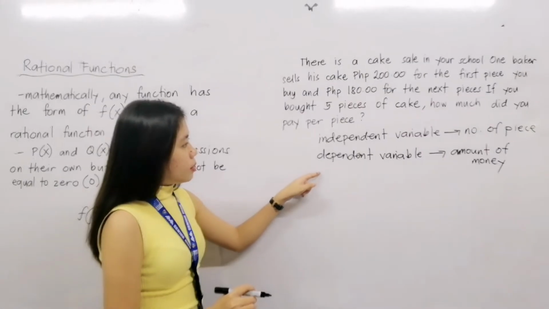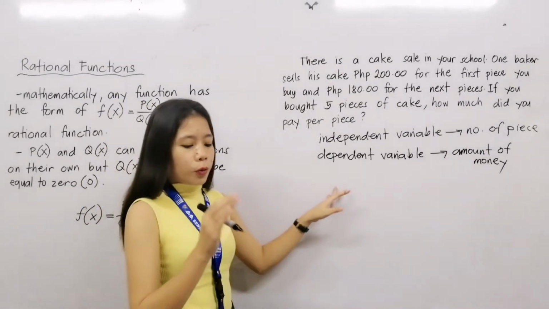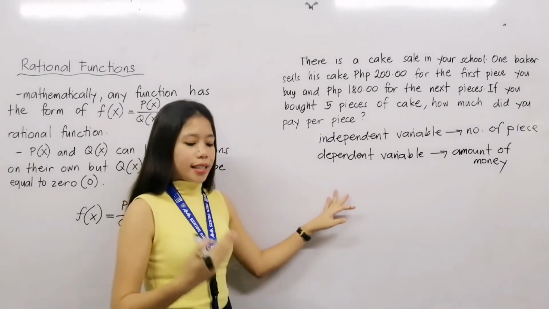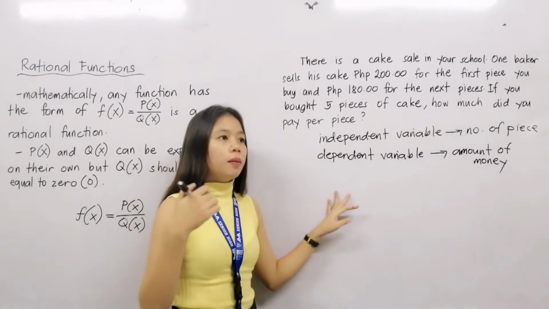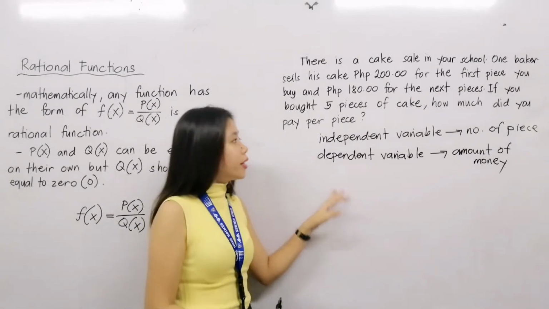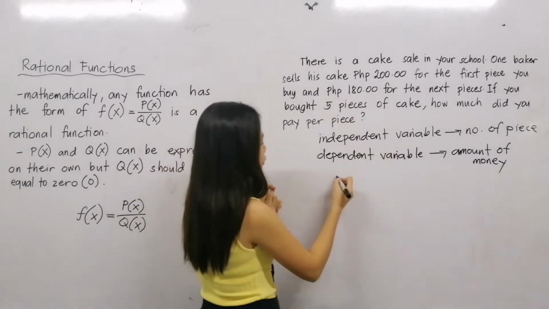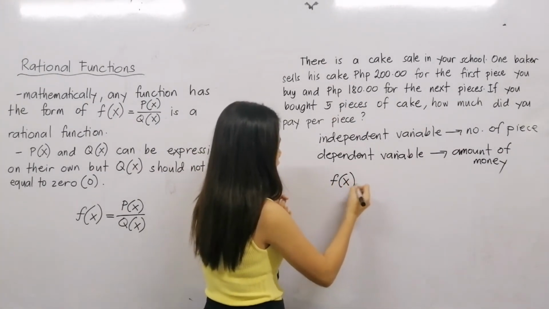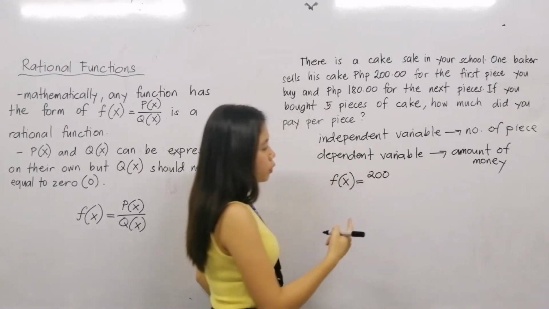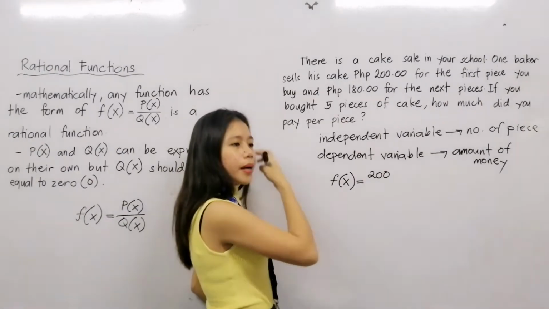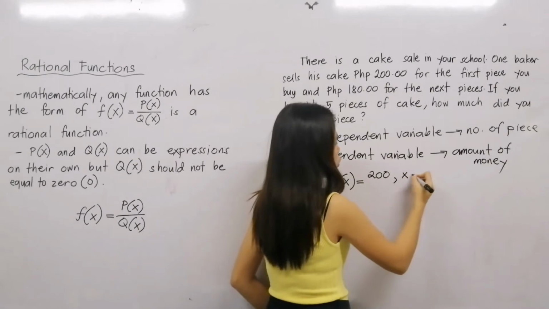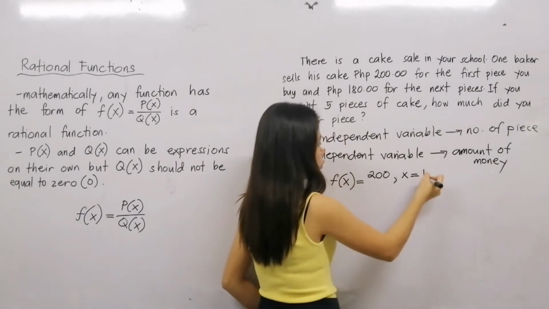So, next step here would be, we're going first to identify its piecewise function, or yung function po na may condition. That's piecewise. So if we consider the problem, the piecewise function here is f of x is equal to 200 daw po yung presyo or amount ng pera kapag yung domain natin is equal to 1.